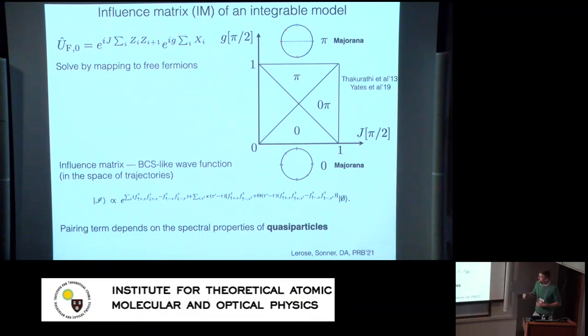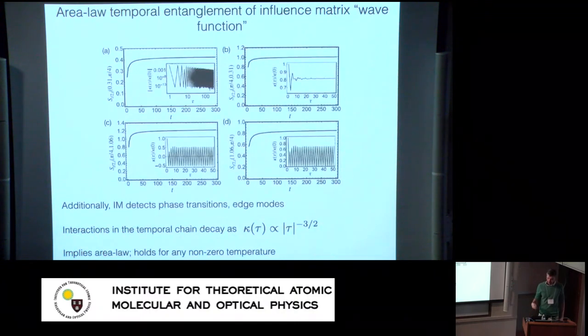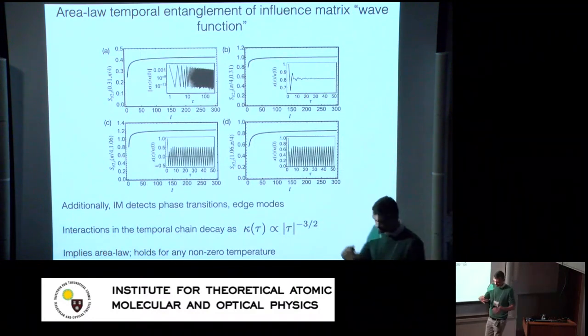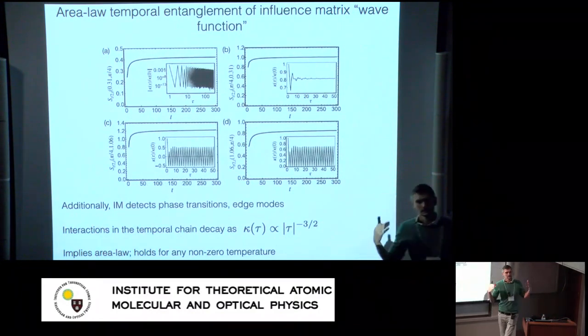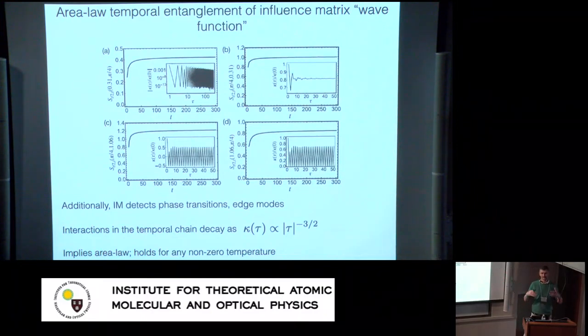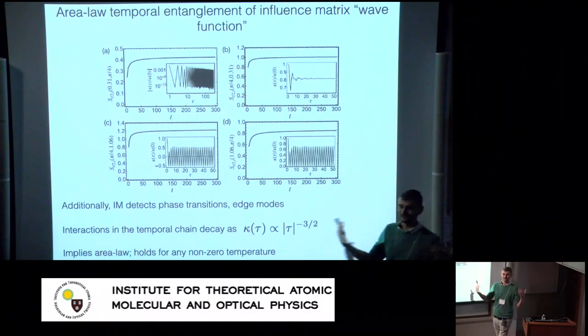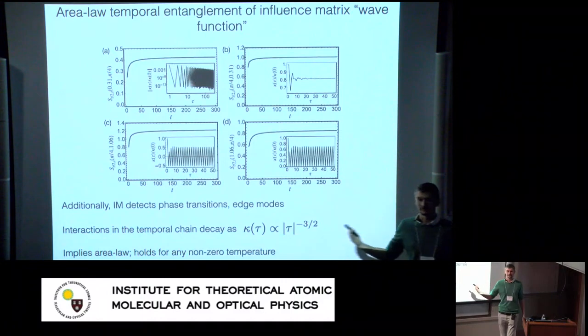What is important is that the pairing function is sufficiently local that you can actually prove you can view the influence matrix as a ground state of some fictitious sufficiently local Hamiltonian, and therefore it would have area law entanglement.